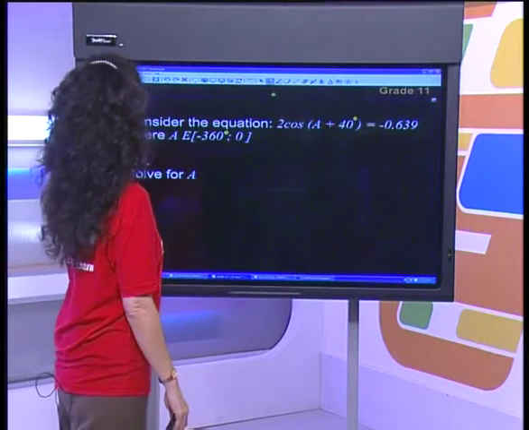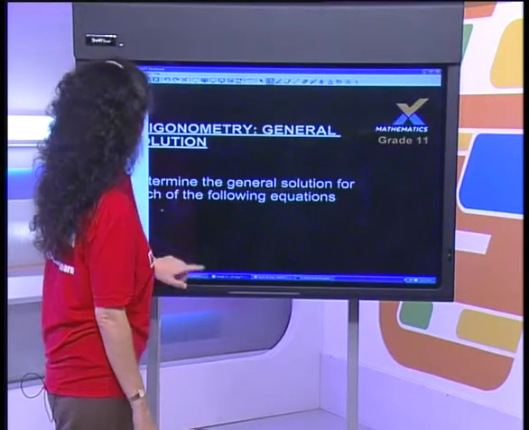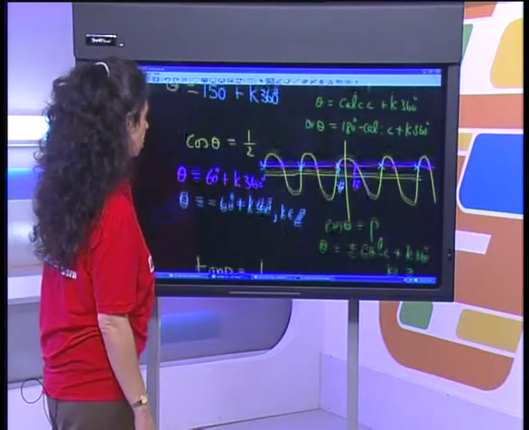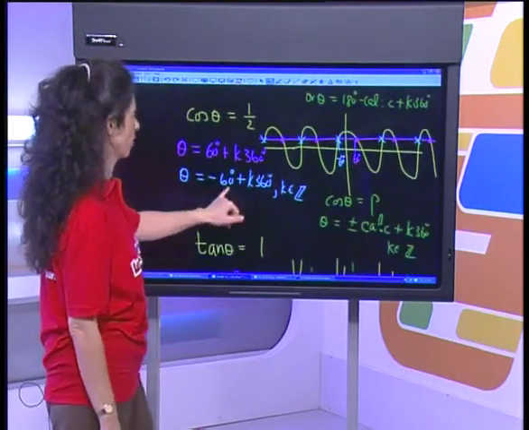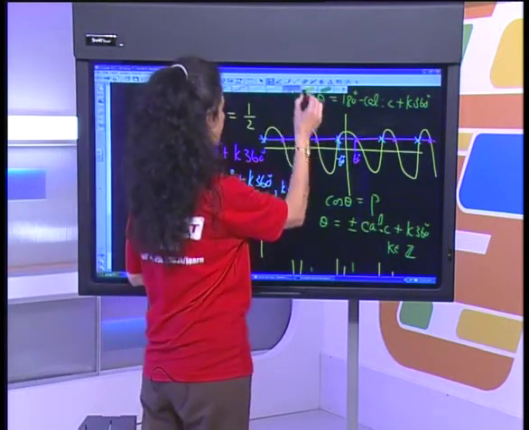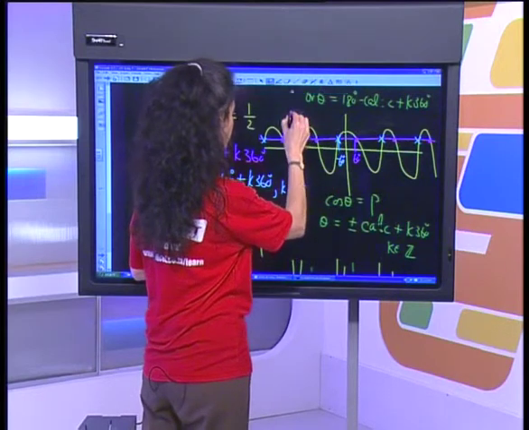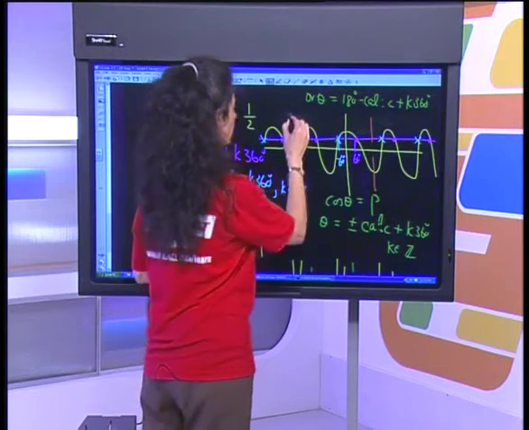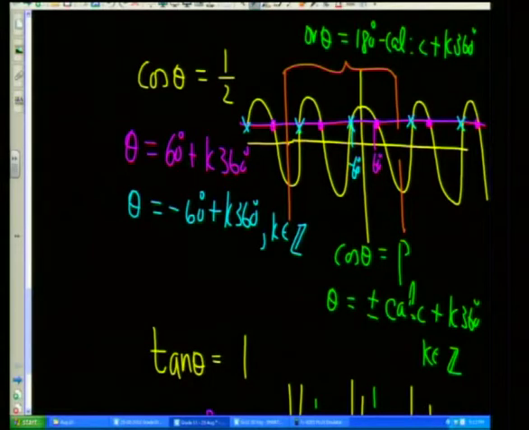So if I take you back to where we were, this general solution for cos, if I asked you to work between, let's say, here and there, that is 270 degrees, and that would be 360 plus another 180, so that would be -540.